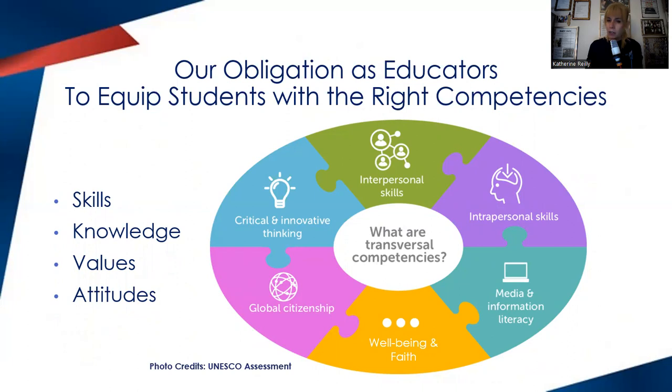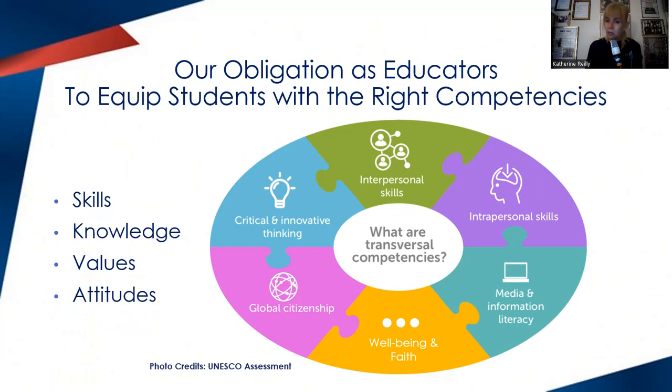Now, we are talking about interpersonal skills, the way we communicate and collaborate with others, intrapersonal skills, which means acknowledging our strengths, our weaknesses, media and information literacy. And this has to do with searching for the correct information in sites that we do trust and the proper way to use this information.